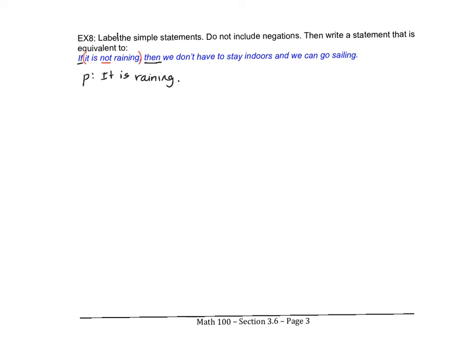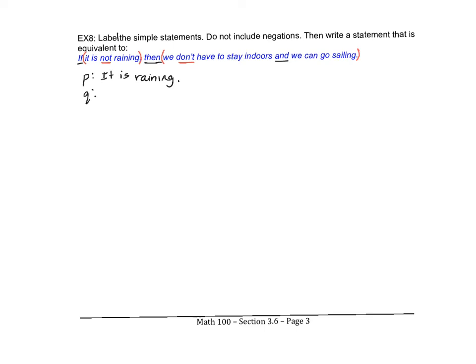Then we have, we don't have to stay indoors and we can go sailing. There was a comma there after if it is not raining, so I know that this is all going to be grouped together after the then. I can also see that this is an and. Now, don't is a negation.